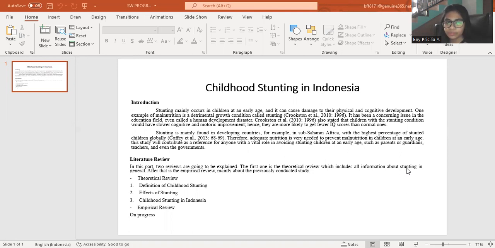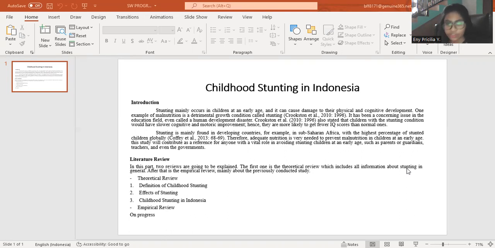So the gap that I'm trying to address is that there is little recent research about childhood stunting in Indonesia. So I will try to do a systematic review on this topic.